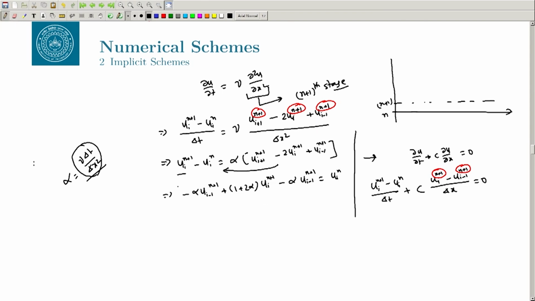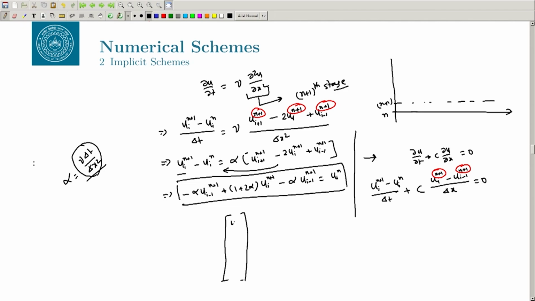Now, you can quickly see that we have formulated the problem in an implicit way. What I mean by implicit is that you have a vector with u 1 n plus 1, u 2 n plus 1 and u 3 n plus 1 and so on and so forth, up to, let us say, u nx n plus 1, or u i n plus 1, and there is a matrix which multiplies it, which contains the terms 1 plus 2 alpha, minus alpha, 1 plus 2 alpha, minus alpha, and so on and so forth, right.